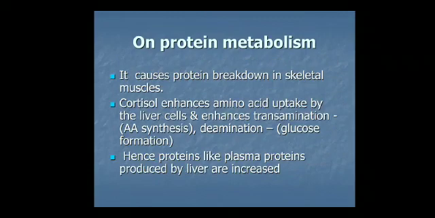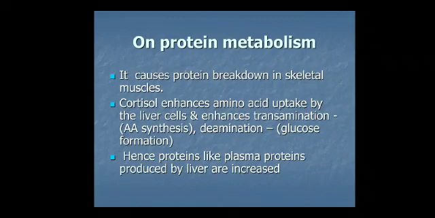Next, what it will do on protein metabolism. This one has a catabolic effect. That means it enhances the release of amino acids by proteolysis in the skeletal muscle, and then these amino acids will be used for the production of plasma proteins in the liver.